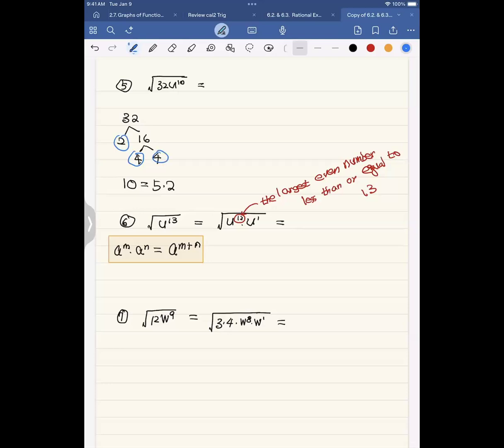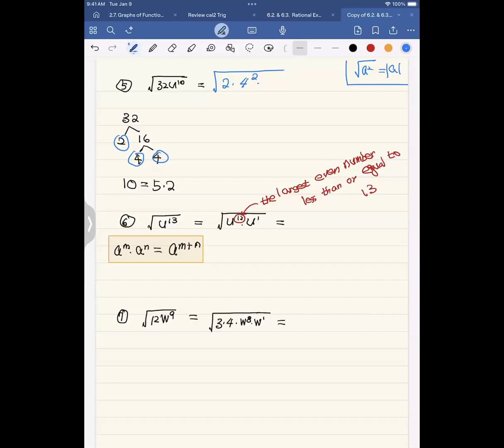So we can say that's square root of 2 times 4 squared, and we know that square root of a squared equals the absolute value of a.